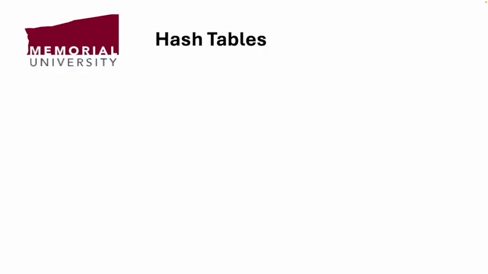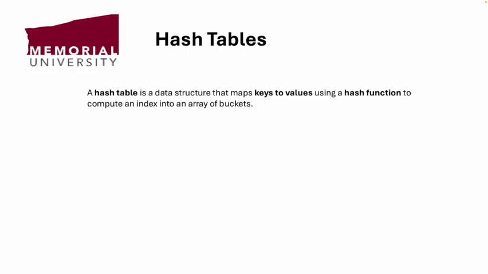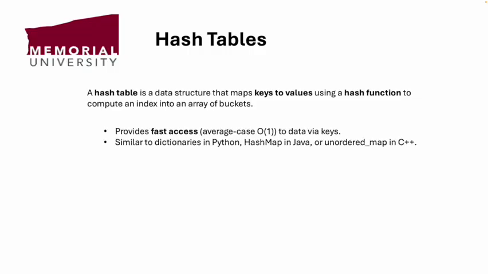Okay, let's discuss the hash table. A hash table is a data structure that maps a key to a value, using a hash function to compute the index into an array of buckets. So they provide fast access.